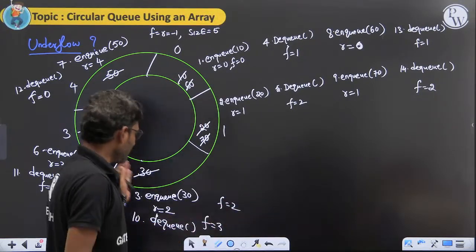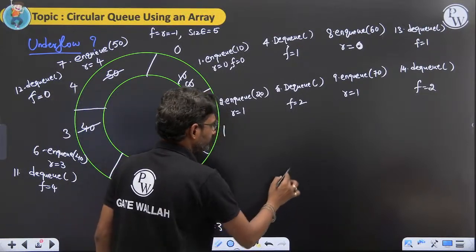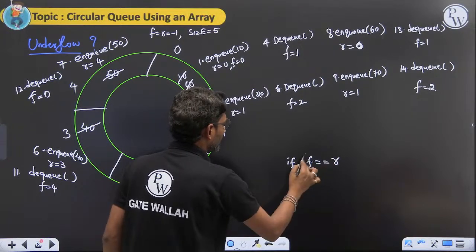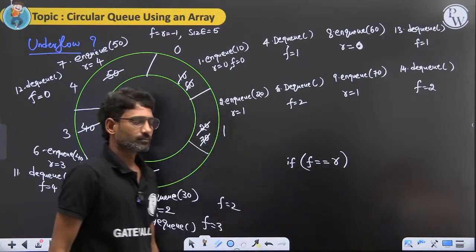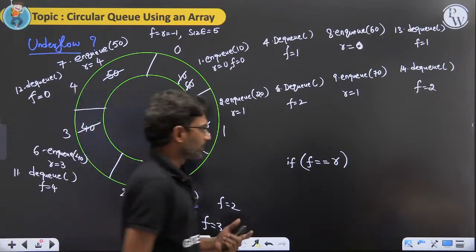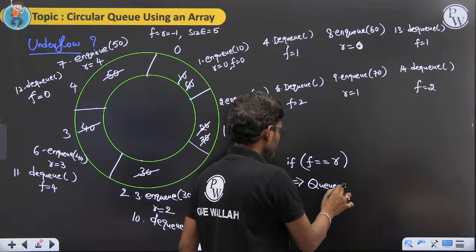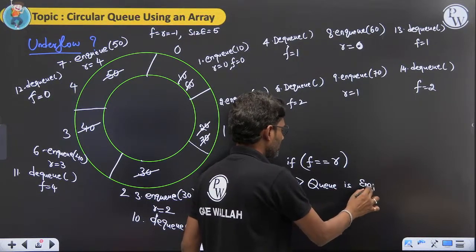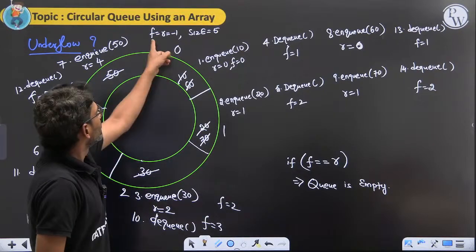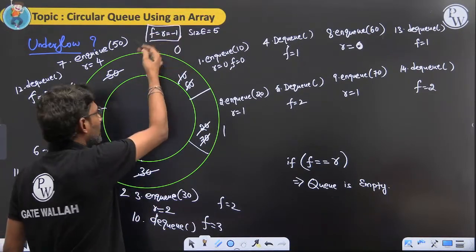So before I go ahead with the deletion, I check if front is equal to rear. If front and rear are the same, that means the queue is empty. Here front and rear are the same, so the queue is empty.